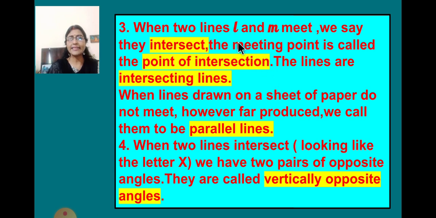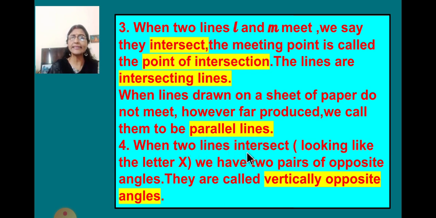When two lines L and M meet, we say they intersect. The meeting point is called the point of intersection, and the lines are intersecting lines. When lines drawn on a sheet of paper do not meet, however far produced, we call them to be parallel lines.